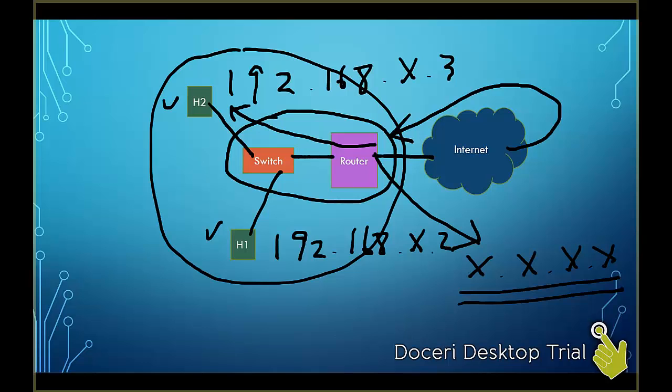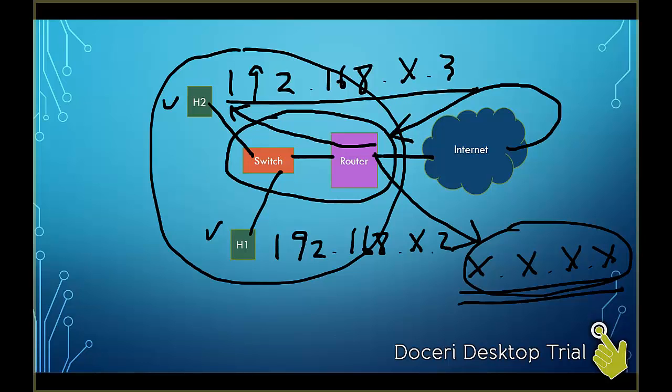So let's say host 2 initiated the connection, then the destination IP in this case originally was x.x.x.x sent from the internet, but that needs to be translated into something more specific within the home network, in this case 192.168.x.3.